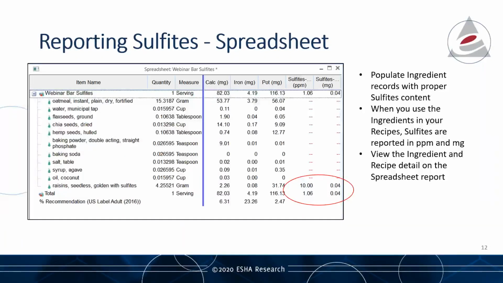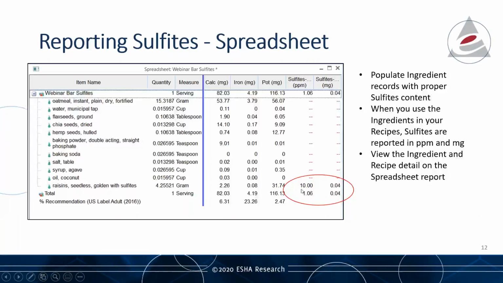When you're working with the spreadsheet, like we encourage you to do with each of your recipes, and you include sulfites in your nutrients to view set, so you're seeing sulfites in your spreadsheet report, you can see that the parts per million and milligrams fields are showing in this view. One thing is that the milligrams is used as a conversion calculation.